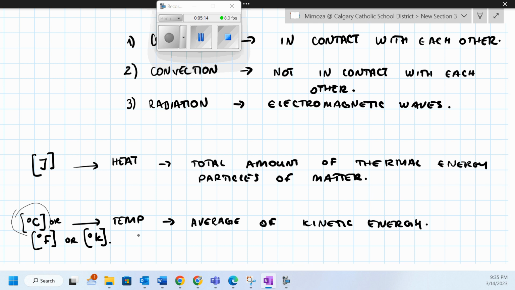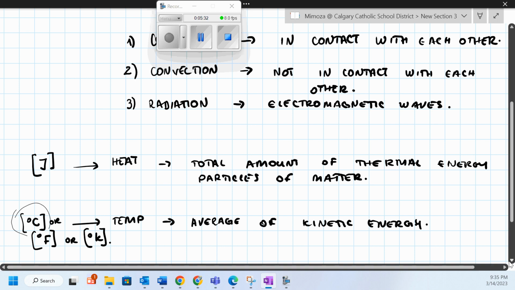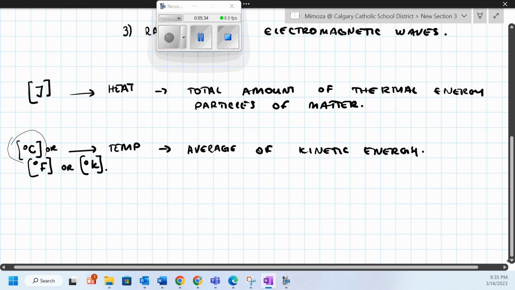What we will see in this unit is mostly degrees Celsius. The other thing that we saw in chapter 5 is that the motion of the particles of the air creates what is known as the sea breeze and land breeze.